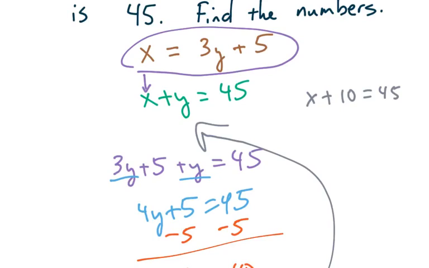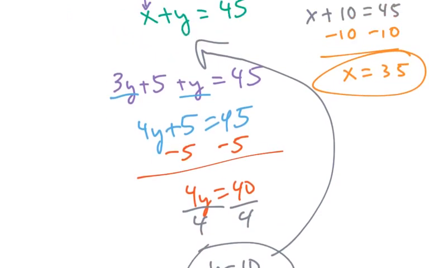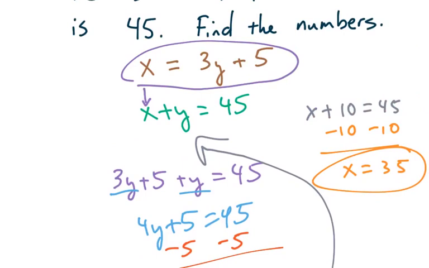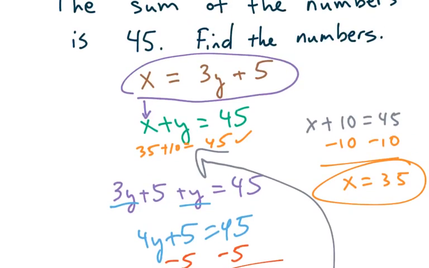Solve, subtract 10, x is 35. And so x is 35, y is 10. We can see that 35 plus 10 is 45, excuse me, and then 3 times 10 plus 5 is 35. So it makes sense. Those are my answers.